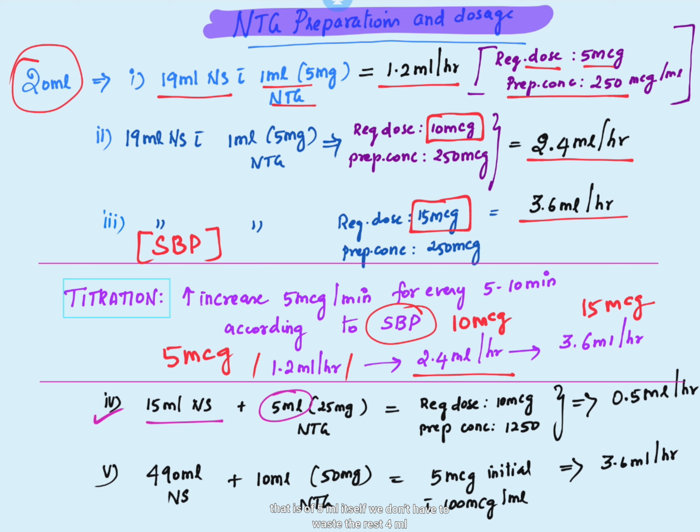We don't have to waste the remaining 4 ml if we only use 1 ml in our preparation. So we can take the entire 5 ml bottle of NTG and mix it with 15 ml NS, and the required dose we can adjust to 10 mcg, and we will get 0.5 ml per hour. The rest is the same with different concentration and dosing.